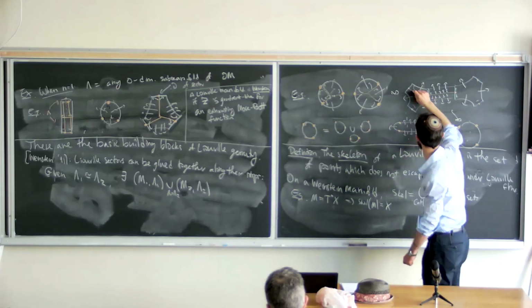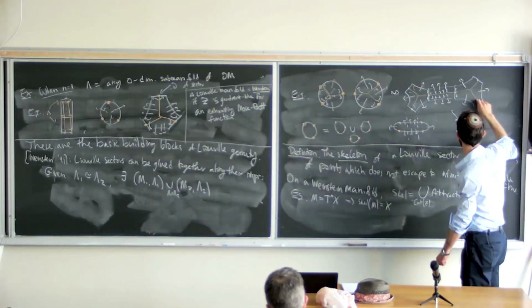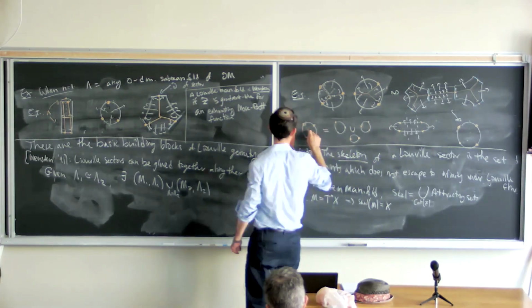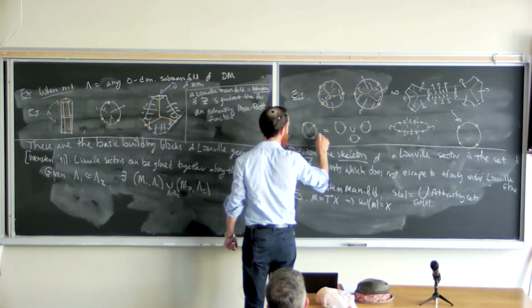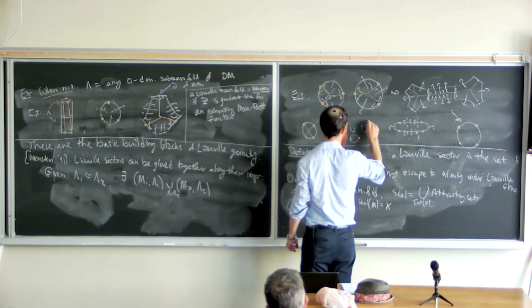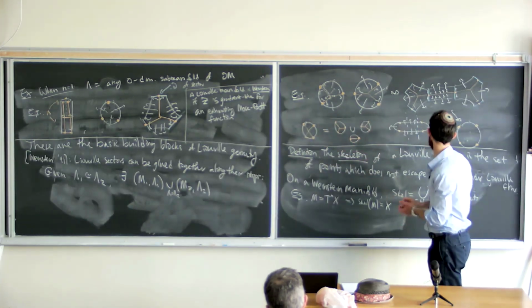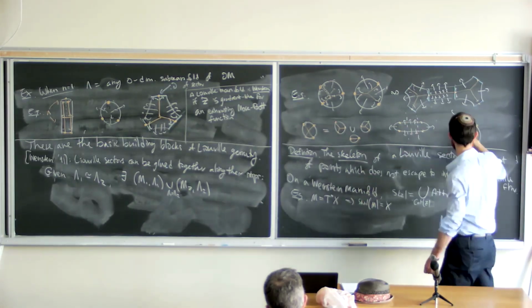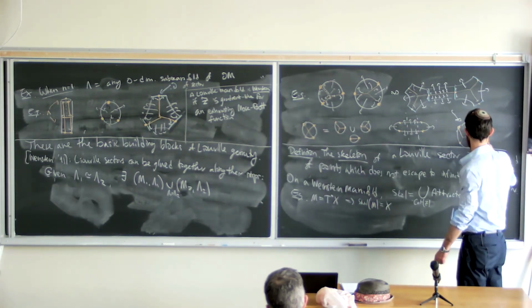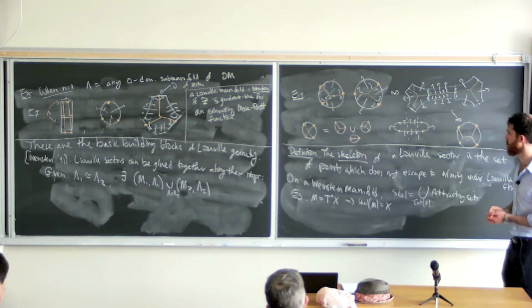And if I draw the skeleton in here, then you can see what's happening better. Here I drew a skeleton like this, but I could equally have drawn it like this. I could have massaged my Liouville flow.